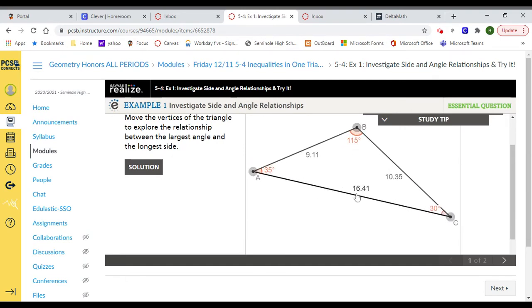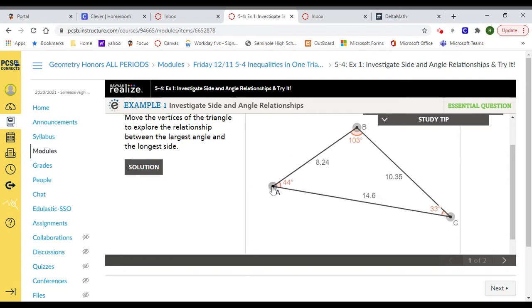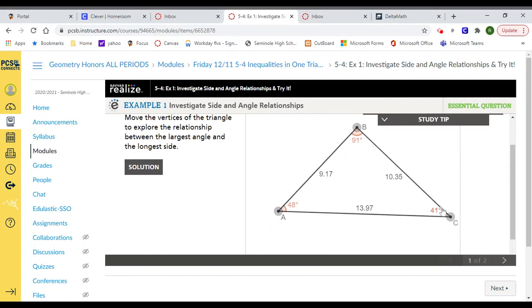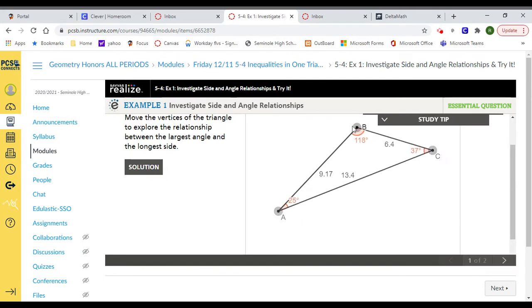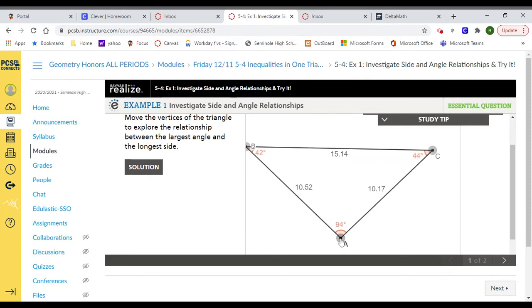Here's the largest angle, here's the longest side, and however I change these in any way, the largest angle is always across from the longest side.